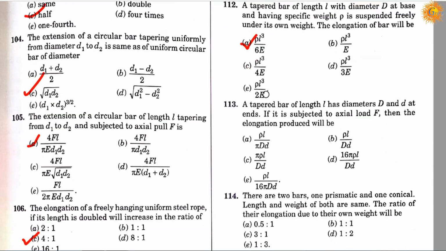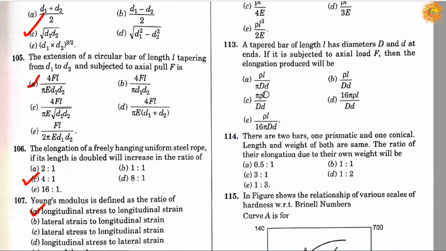Question number 113. A tapered bar of length small l has diameter capital D and small d at ends.